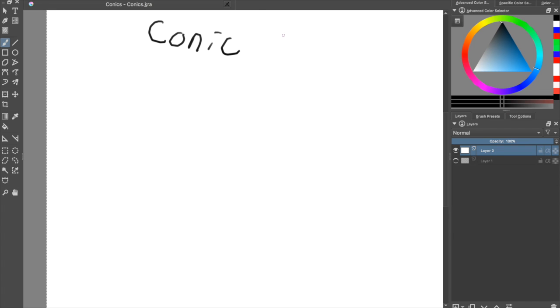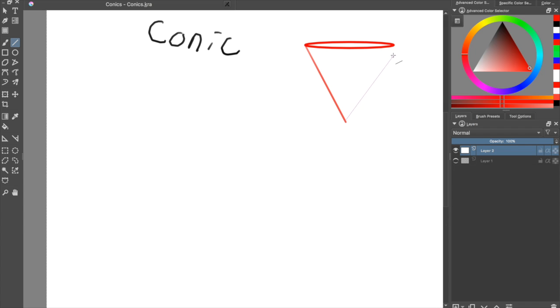Well, a conic, as it sounds, is very much like a cone. So let's draw a cone. That's about right.